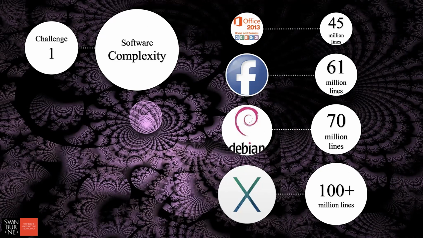We can see that different types of systems have a lot of lines of source code. For example, the Apple operating systems has more than 100 million lines of source code.